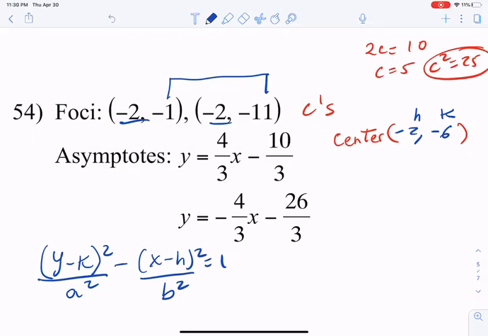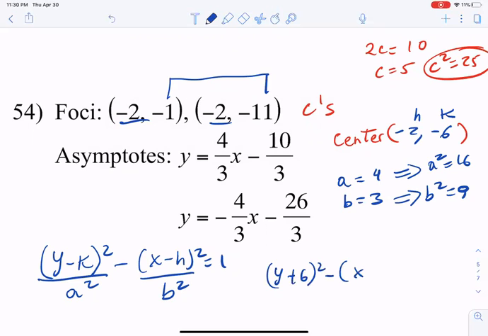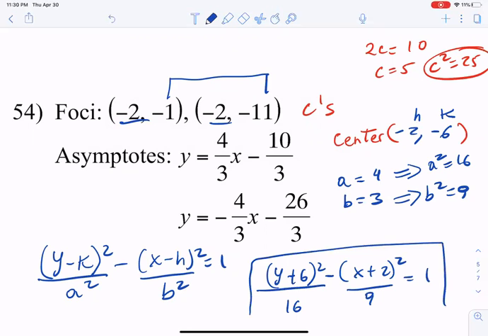We can find the values of a and b really quickly here. The value of a is 4, the value of b is 3, so a squared is 16 and b squared is 9, and we just need to plug it in. So y minus k, that's y plus 6 squared, minus x minus h, that's x plus 2 squared, over 16 here and 9 here, equals 1, and that's the answer.